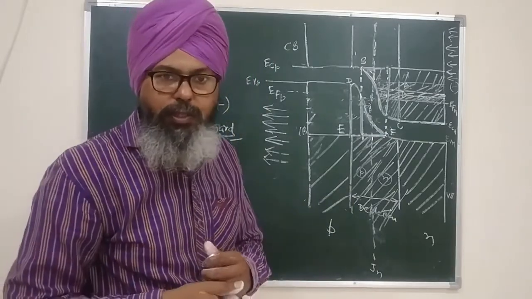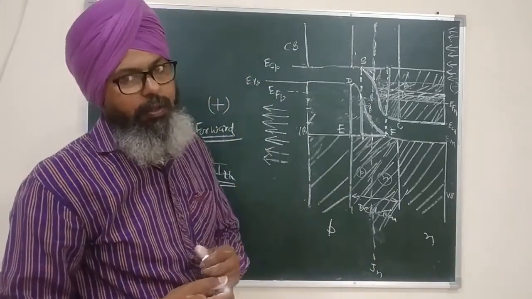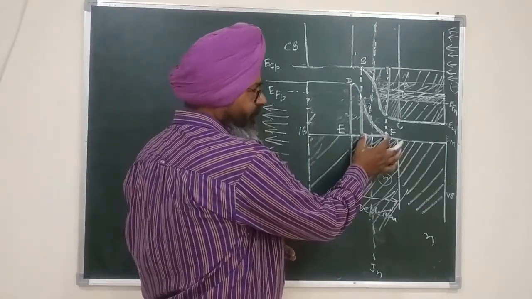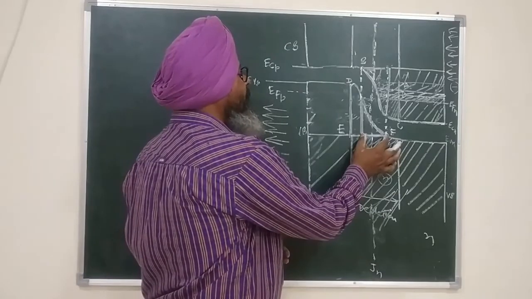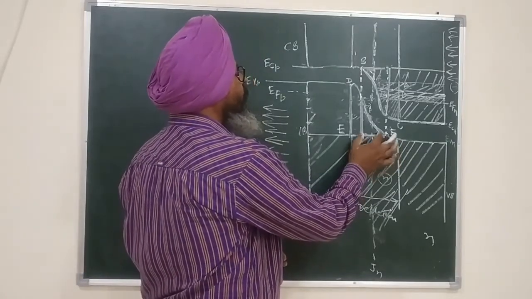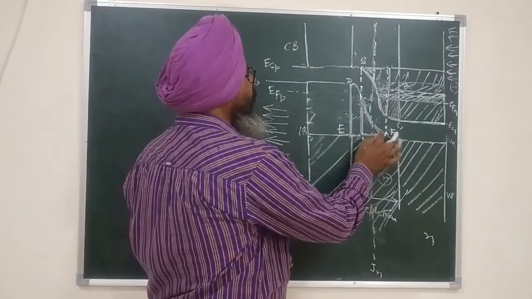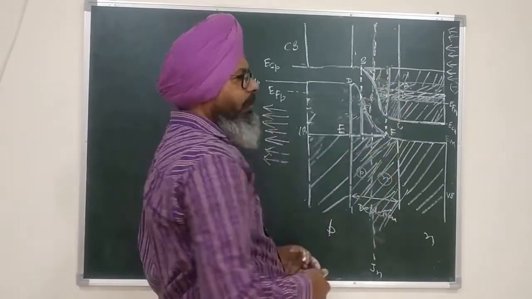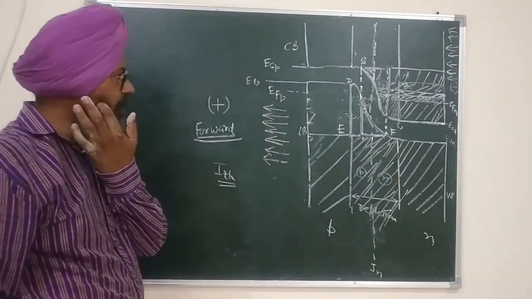So population inversion cannot exist beyond the depletion region, because width wise only this portion of the depletion region is showing population inversion. So the lower portion within this width is empty and the upper portion within this width is filled. So population inversion has taken place.